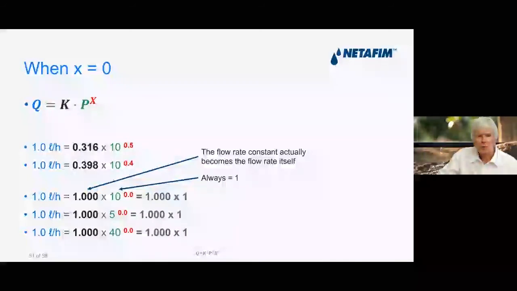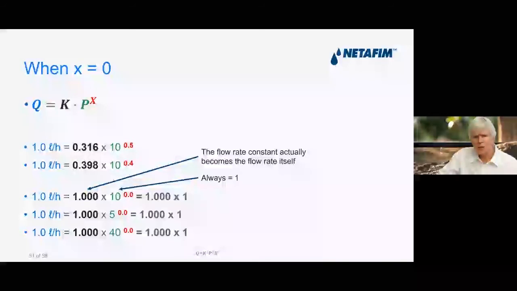Then, when we took 10 to the power of 0.4 and multiplied that by 0.398, that also equals 1. But now if we look at the three lines at the bottom, we've got three different pressures: 10 to the power of 0, 5 to the power of 0, and 40 to the power of 0. All of those figures, 10, 5, and 40, to the power of 0 equal 1. Our value of K now becomes 1, so 1 times 1 equals 1, so it's 1 litre an hour.